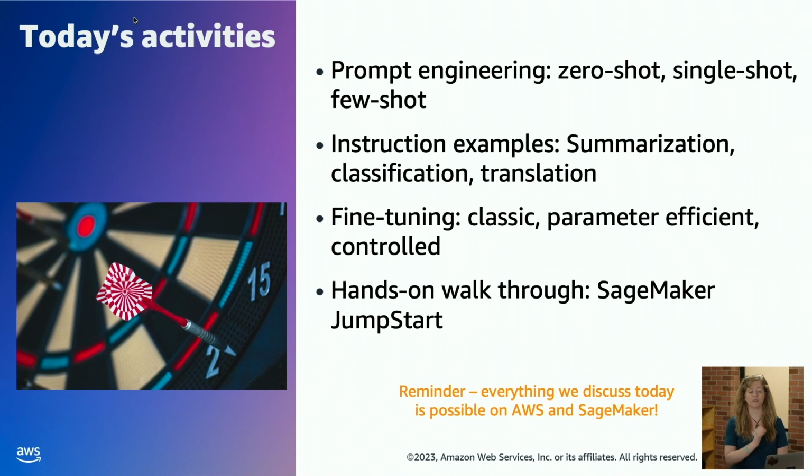And then some ways of using instruction prompting techniques. We'll look at fine-tuning. There are many different fine-tuning techniques, and then we'll close it out with a hands-on walkthrough of using, again, SageMaker Jumpstart, the foundation models therein, to perform all of these tasks. So let's get rolling.